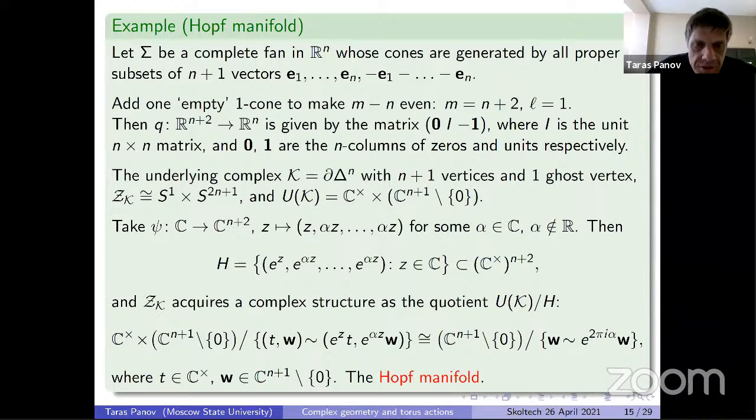But the classical Hopf surface corresponds to the case n equals 1. So it's a quotient of C^2 without 0 by w identified with 2w. So when this thing is 2, that's a Hopf surface. It's homeomorphic to S^1 times S^3, and it has a complex structure, which is neither Kähler nor symplectic because it doesn't even have second dimensional cohomology. So in general, from this procedure, you can get an arbitrary Hopf manifold.